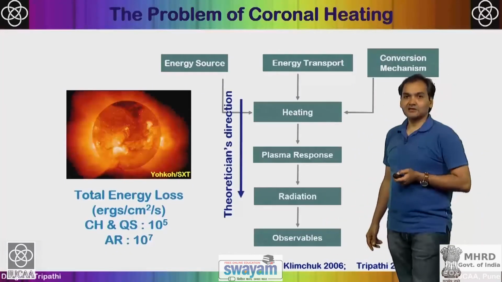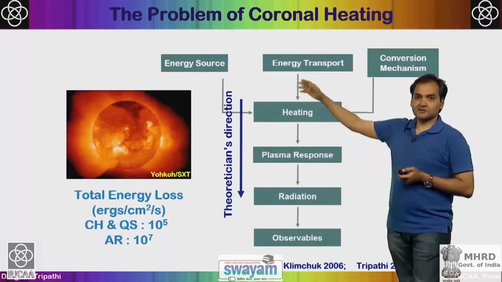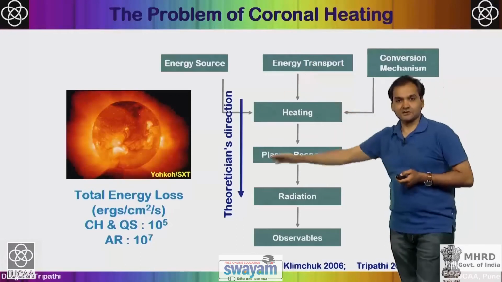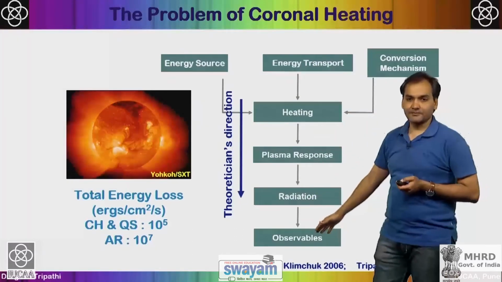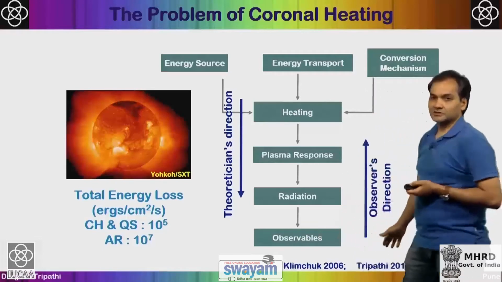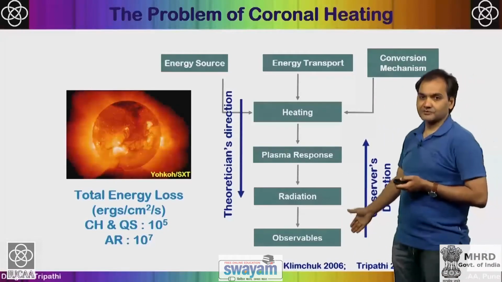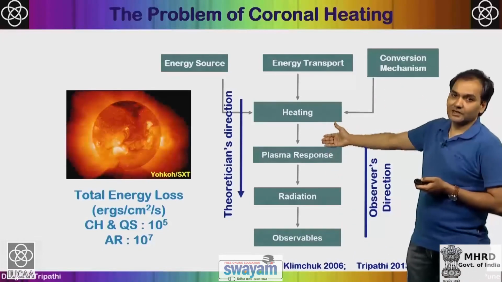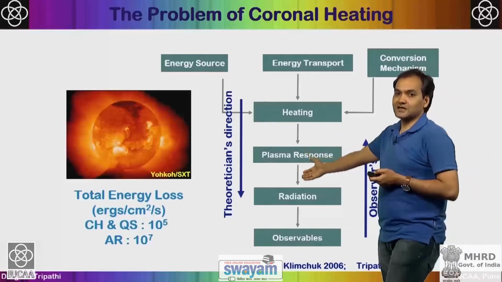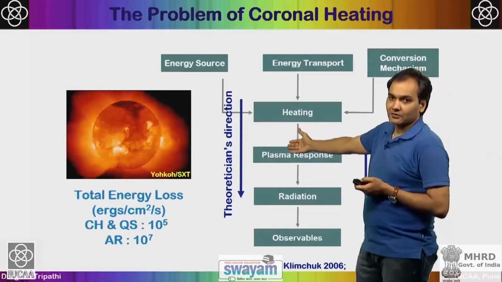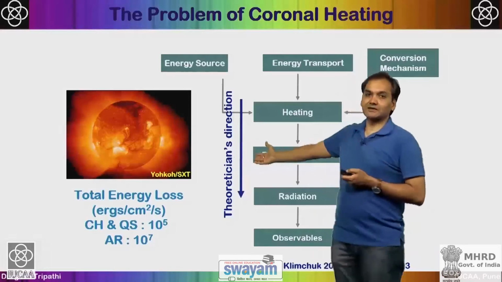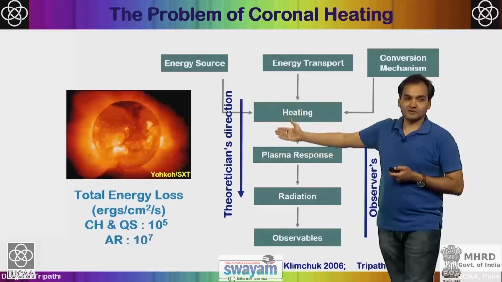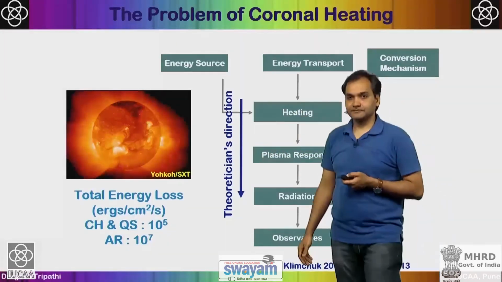Now, if you are a theoretician, you will go looking around this side and predict what observations would come. If you are an observer, then you will look at the observation and try to figure out what radiation gives that observation, what kind of plasma response will give you that radiation, and what kind of heating will give you that plasma response.